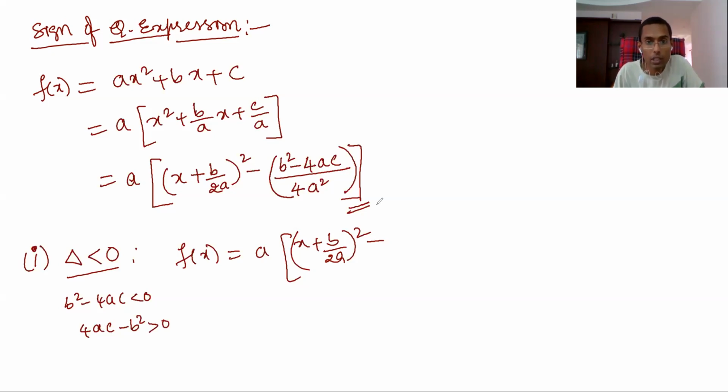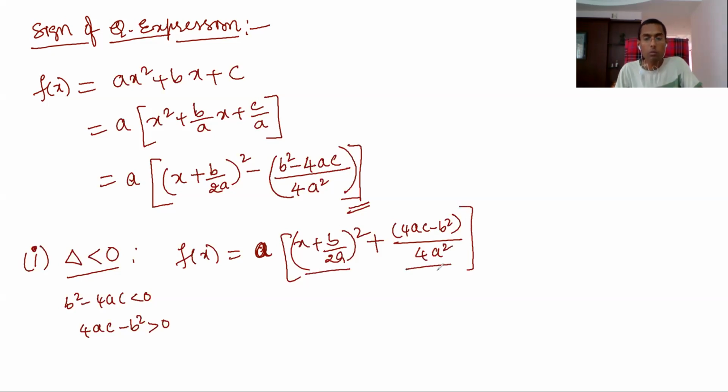So here this is plus 4ac minus b square by 4a square, and that is also positive, positive by positive. Hope you understand. This is a positive number, and this is also positive.